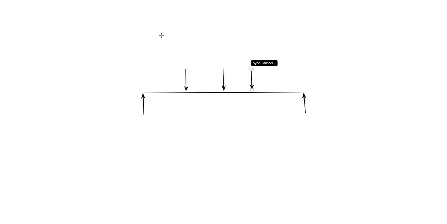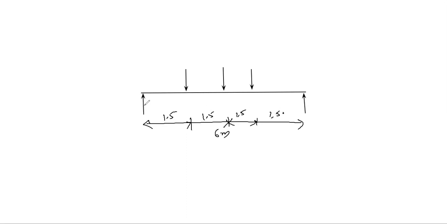The total length of the beam is 6 meter. From here to here it is 1.5 meter, 1.5 meter, 1.5 meter. Here we have 2 kilonewton, here we have 5 kilonewton, here we have 4 kilonewton.